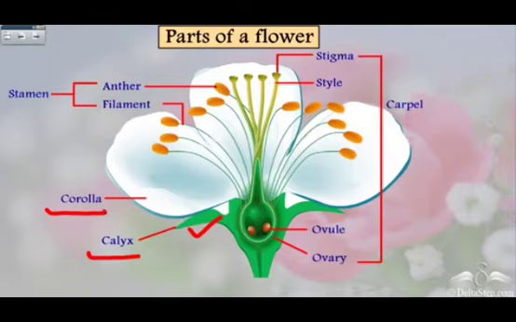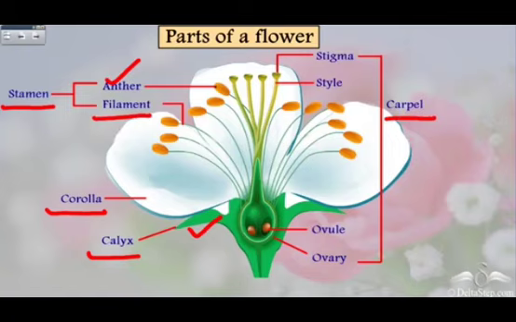So, the androecium is made of stamen, and the stamen has two parts. The head of the stamen is known as anther and the body of the stamen is known as filament. And the female reproductive part is known as gynoecium. Gynoecium is made of carpel.